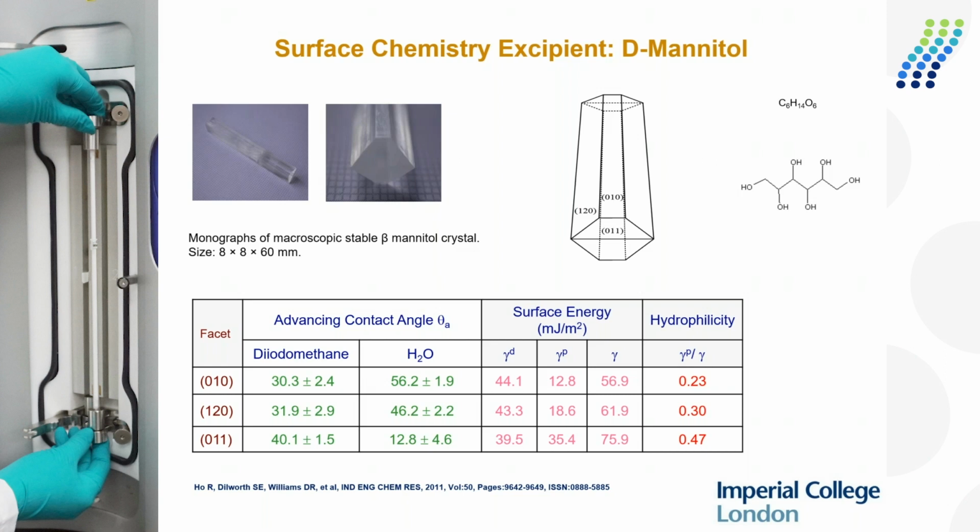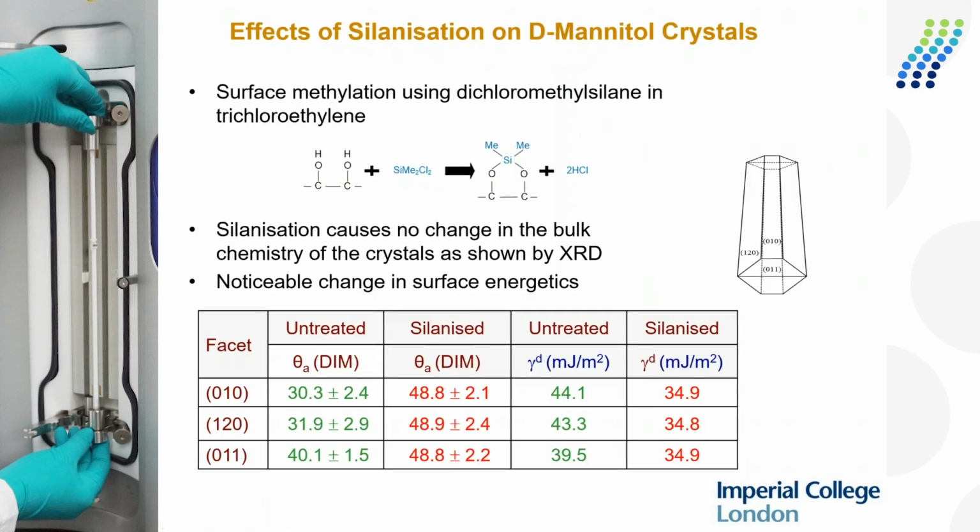This is the dispersive surface energy, which I've estimated from my wettability experiments. And what we can see is for the untreated materials, they vary a little bit from 44 to 39. But the silanized material, as you can see, is all basically the same. So by putting the methyl groups on all the crystal faces, I've basically masked all hydroxyl groups now. So my material is A, more homogeneous, and B, more hydrophobic.